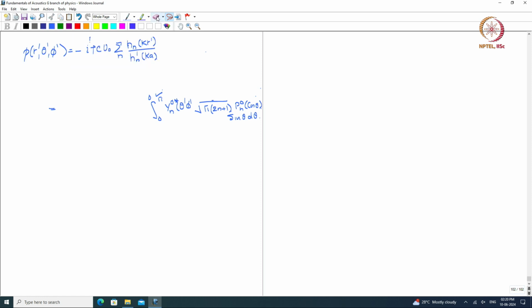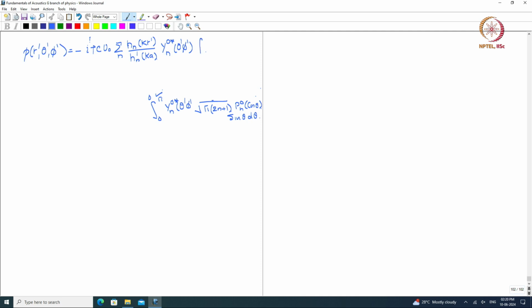Then I have Y0 conjugate n theta dash phi dash, which does not come under theta integral.